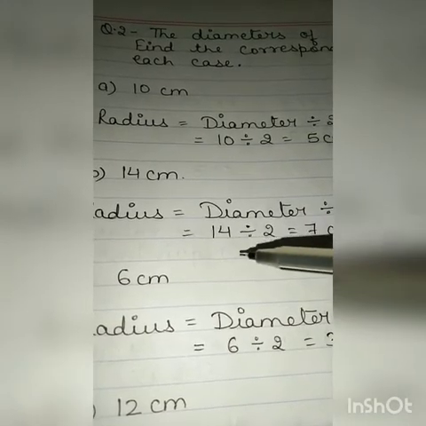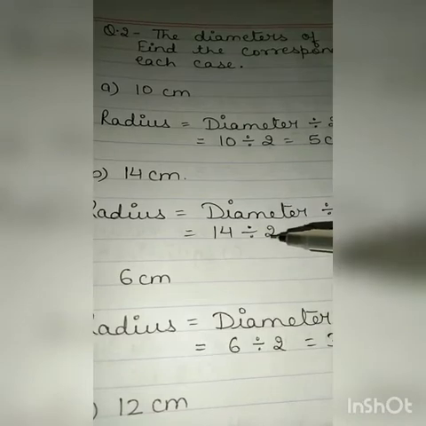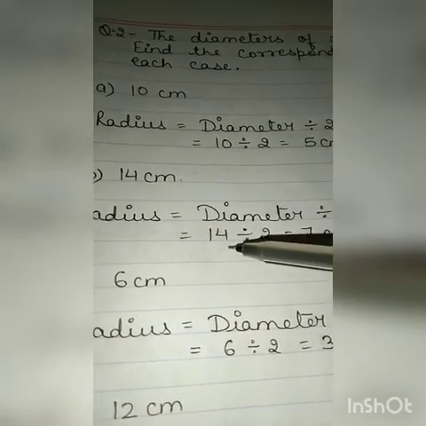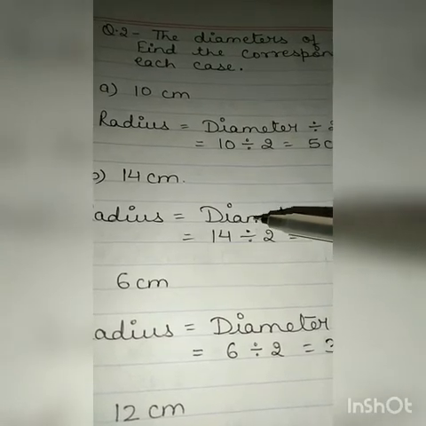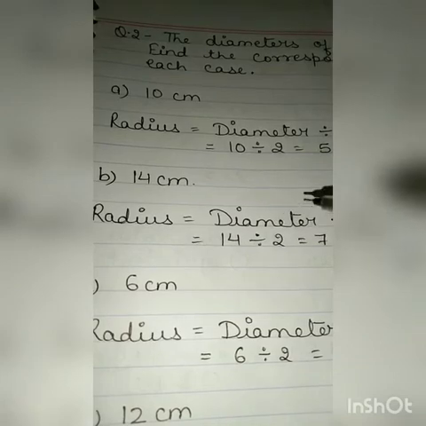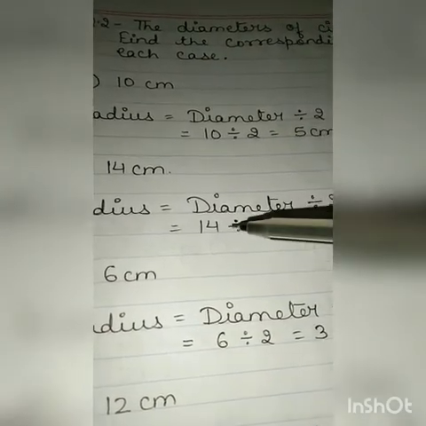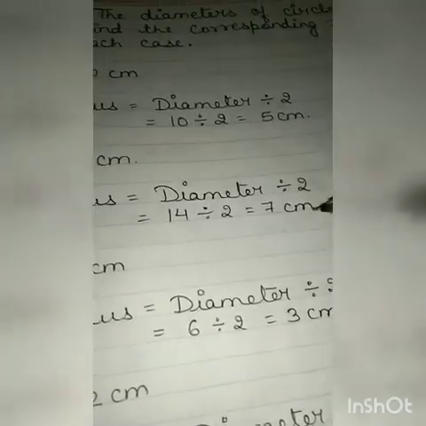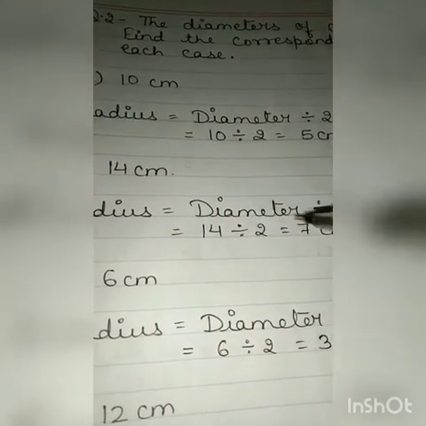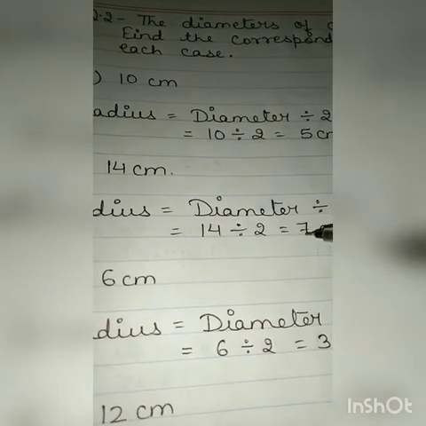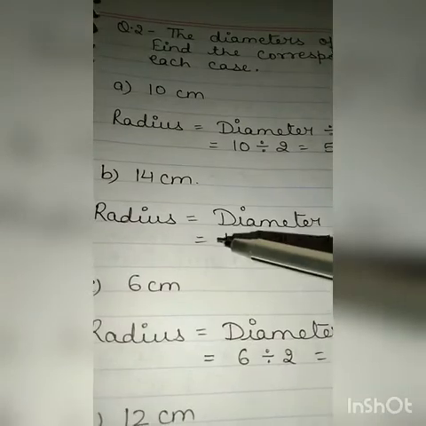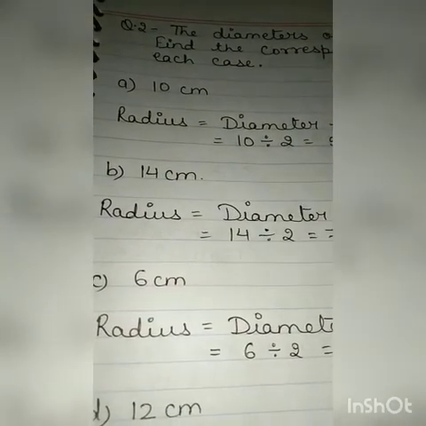It means 7 times 14 comes in the table of 2. So 7 is just half of 14. Diameter is a full length line segment and radius is just half of the diameter. So 14 divided by 2, the answer will come 7 centimeter. 7 2s are 14. So 7 centimeter is the radius in question number B.